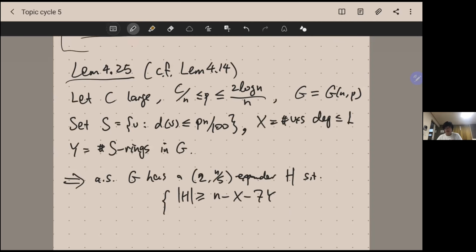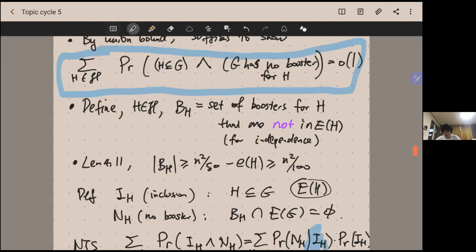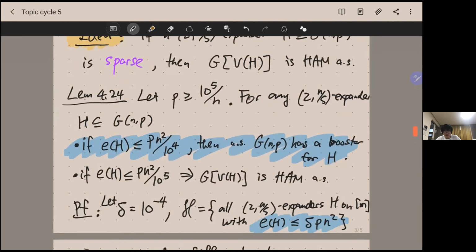Okay, similar as in Lemma 4.14, but now we want it to be sparse as well, so we can achieve that. The only difference here is that we can also find it to be sparse compared to 4.14: E of H is at most p n squared over 10 to the 5. Okay, if this is true, then we can invoke Lemma 4.24 up here.